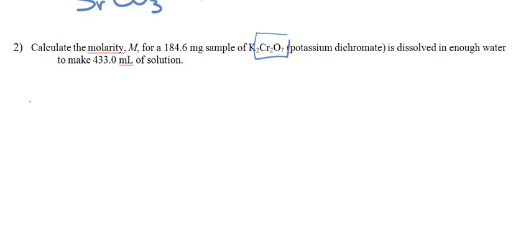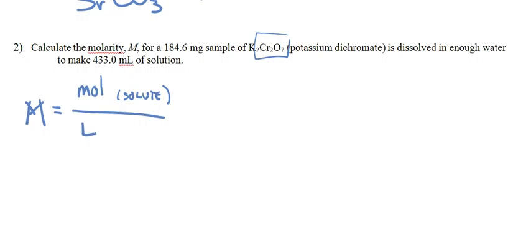So it wants you to calculate the molarity. Again, to refresh your memory, if you look on your equation sheet, I'm pretty sure molarity is on there. I'm not 100%. I may be wrong on that. Molarity, again, is the number of moles of your solute, the thing being dissolved, over your volume, typically in liters, of your solvent.